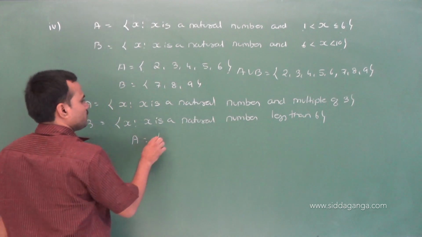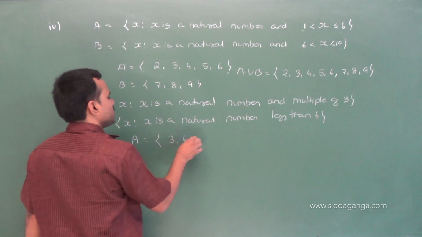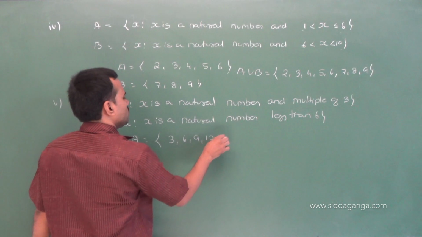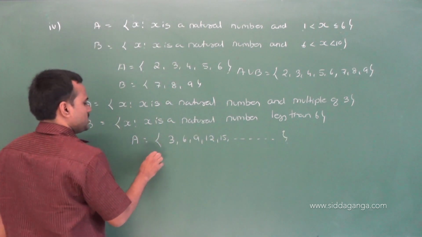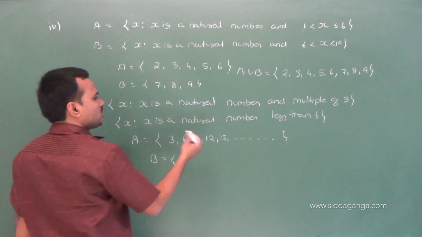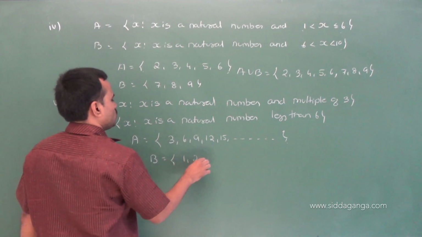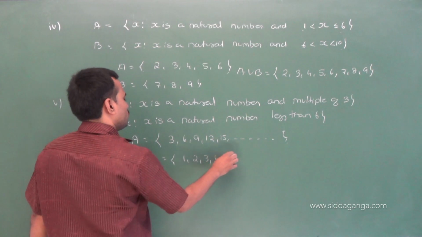A is equal to 3, 6, 9, 12, 15 and so on. B is the natural numbers less than 6: 1, 2, 3, 4, 5.